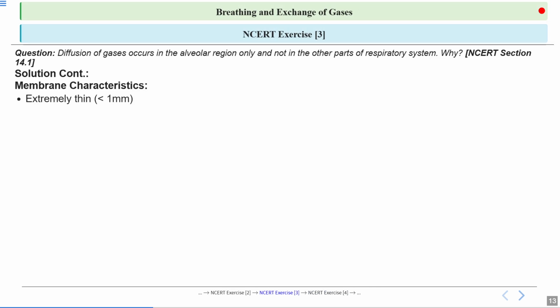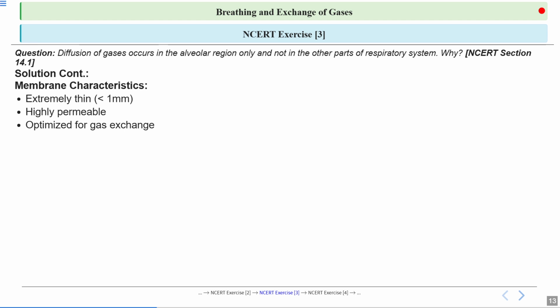Now, membrane characteristics. They are talking about what type of membrane it is, what are the exact characteristics of the membrane. Extremely thin, it is less than 1 mm. Highly permeable. So permeability through this is very high, and the gases exchanged through this is very high.